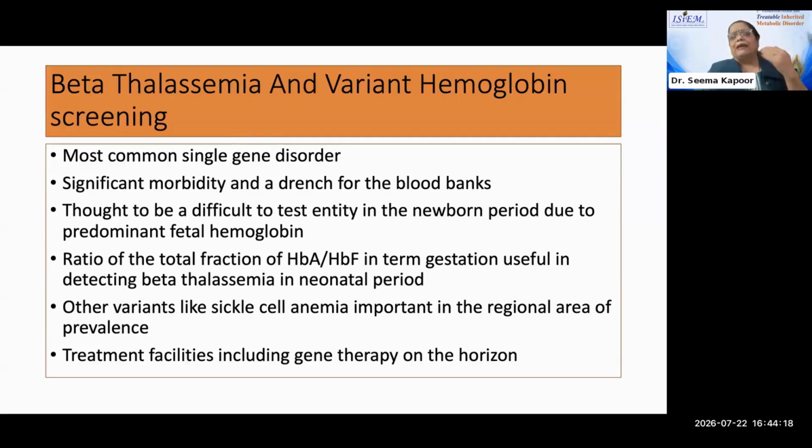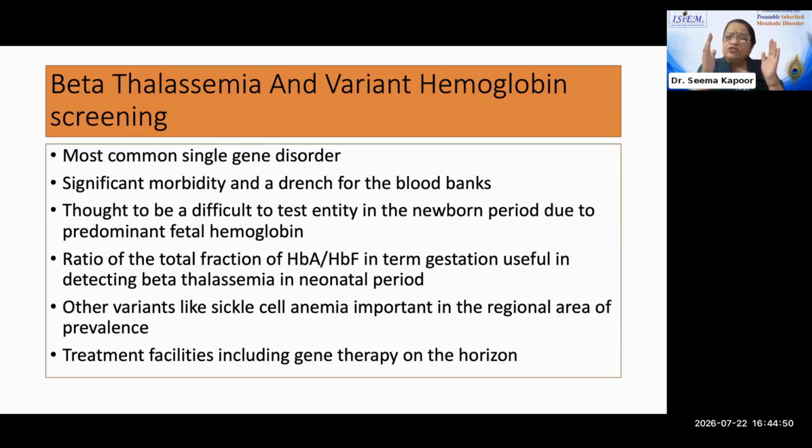So, just to recapitulate, HbA starts forming at 34 weeks of gestation and steadily increases till term. So at term, you can look at the fraction of HbA to HbF, which is possible by capillary zone electrophoresis.